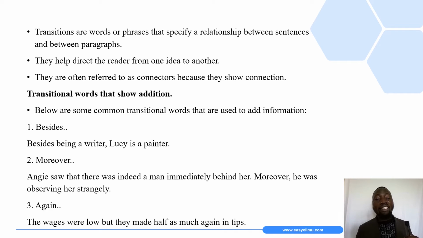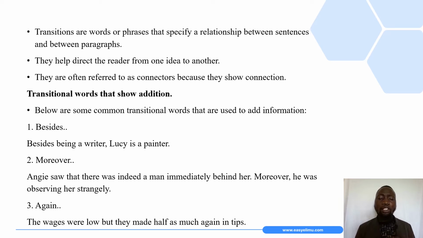We have those that are used to indicate consequences, and we also have those that show causes, and others show effect, and lastly we have some others that are used to express contrast. So they are often referred to as connectors because they show connection between sentences.